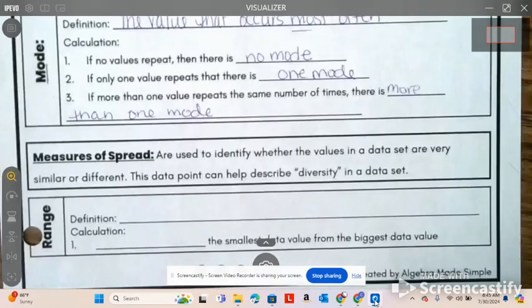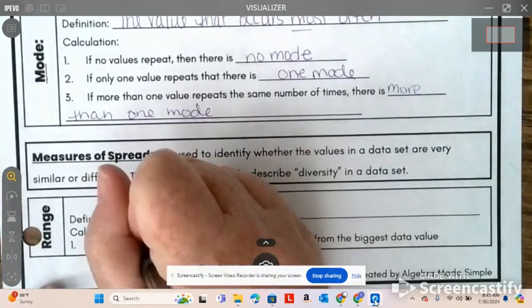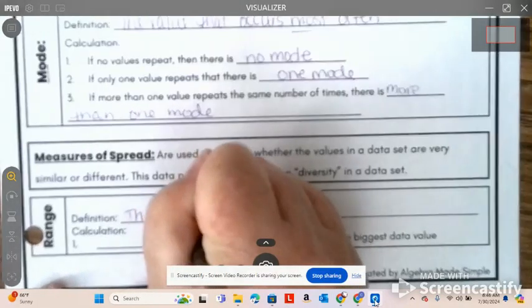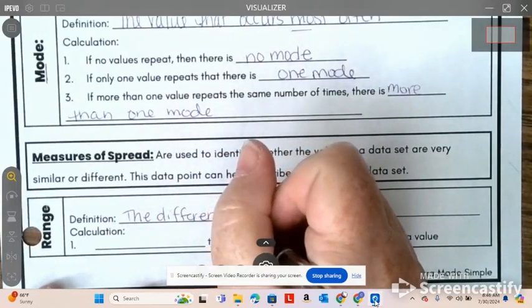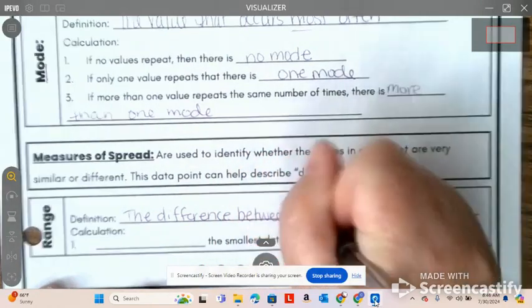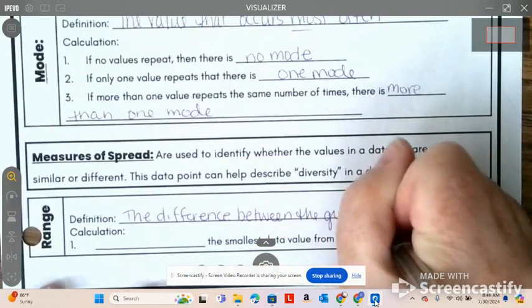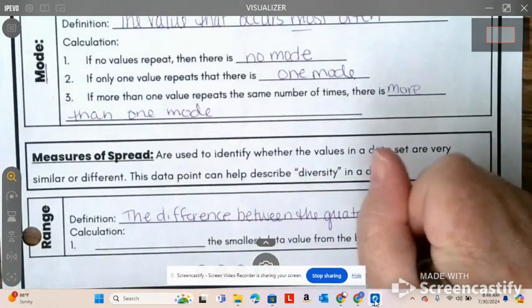In order to find this, first of all, the definition of range is the difference between the greatest and the least values in the data set.